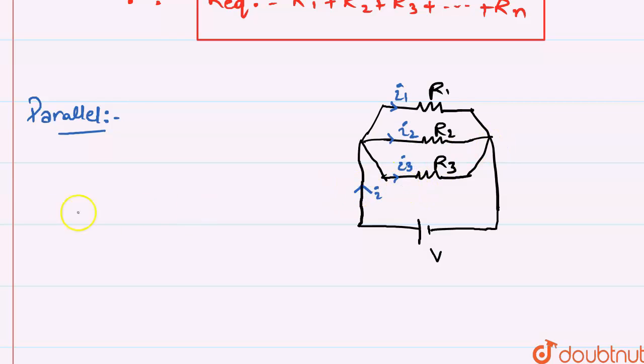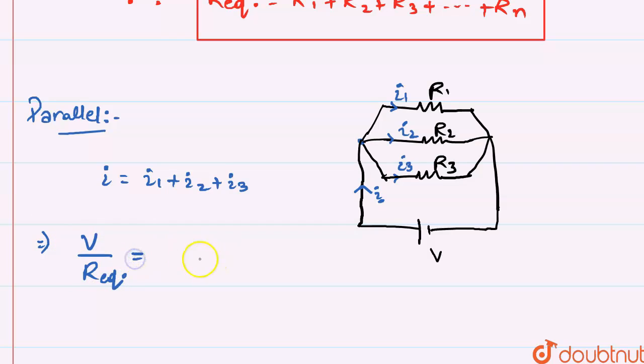By Kirchhoff's current law at this junction, we get I equal to I1 plus I2 plus I3, that is, the incoming current will be equal to the outgoing current. Here I is the incoming current, and I1, I2, I3 are the outgoing currents.